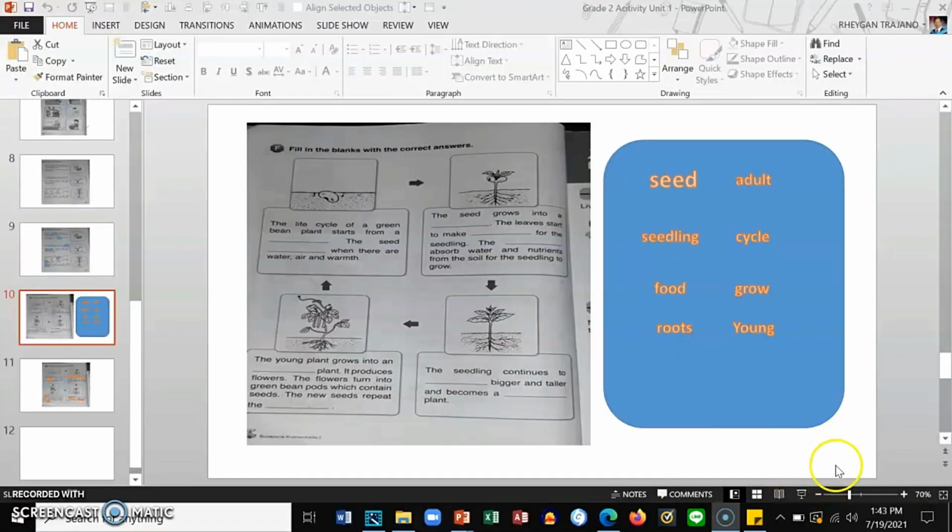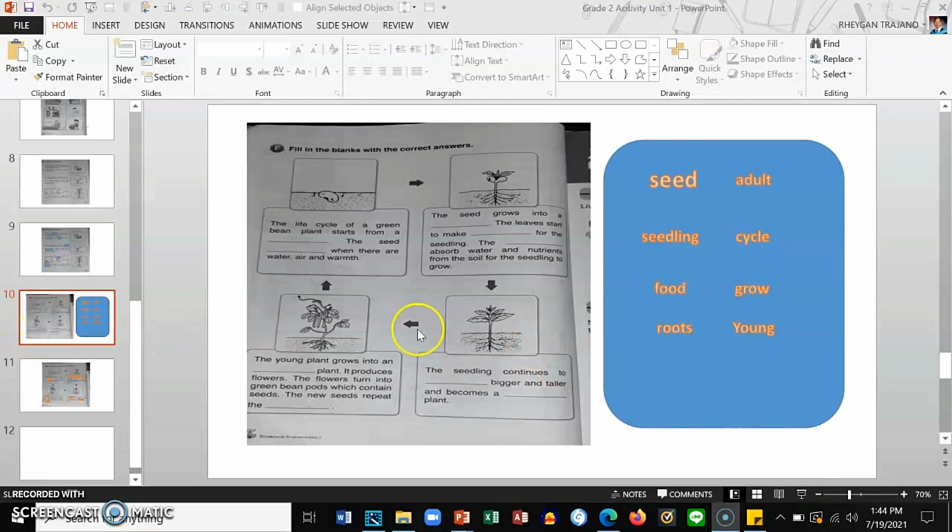For the activity, please open your Science 2 book, letter F, which is page 8. Page 8.